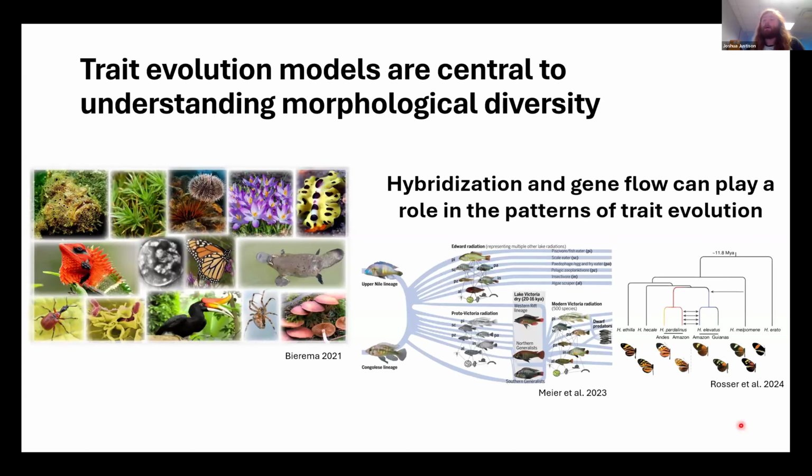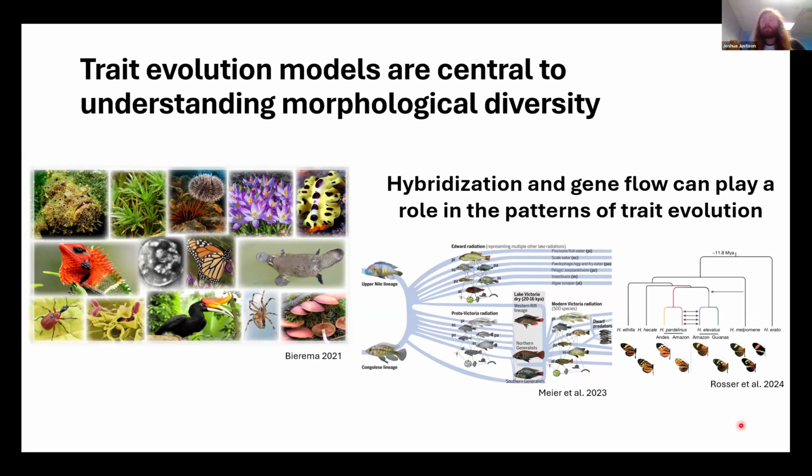And with an increased ability to not only detect, but also infer hybridization and gene flow, it's being increasingly recognized that gene flow can play a role in shaping patterns in trait evolution. This challenges ideas of trait evolution where traits are controlled by a single species tree.